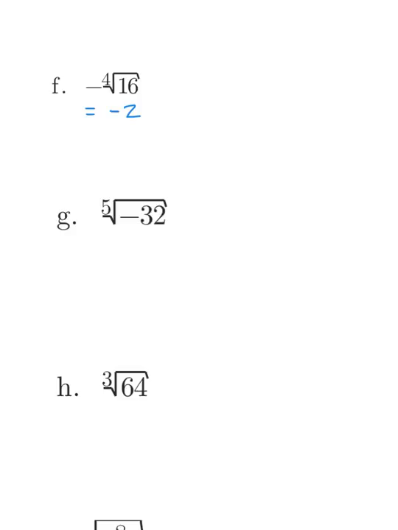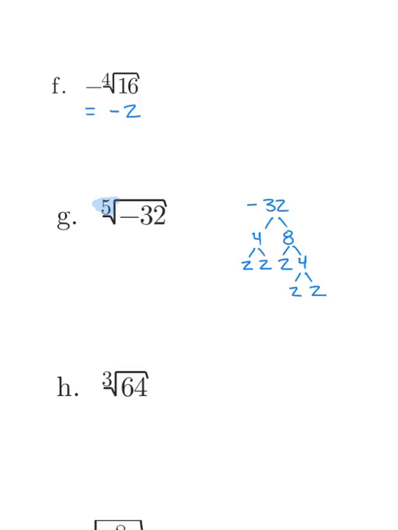Okay, let's look at the fifth root of negative 32. Fifth root, since it is odd, I can take the fifth root of a negative number. A negative number raised to the fifth power stays negative, so the fifth root of a negative number is also going to stay negative. So if we factor this, I get negative 32 is equal to 4 times 8. 4 is equal to 2 times 2. 8 is equal to 2 times 4.